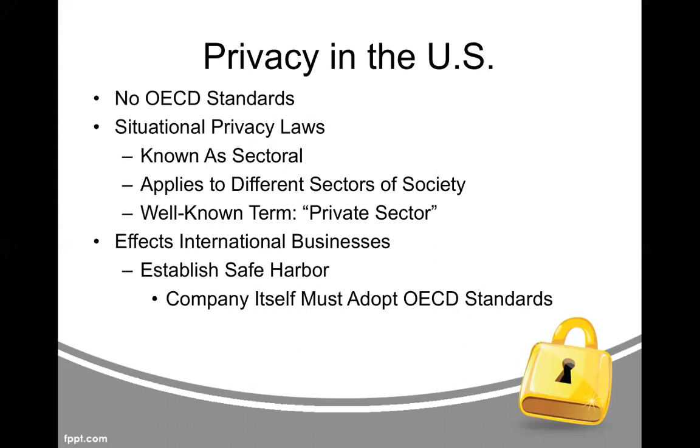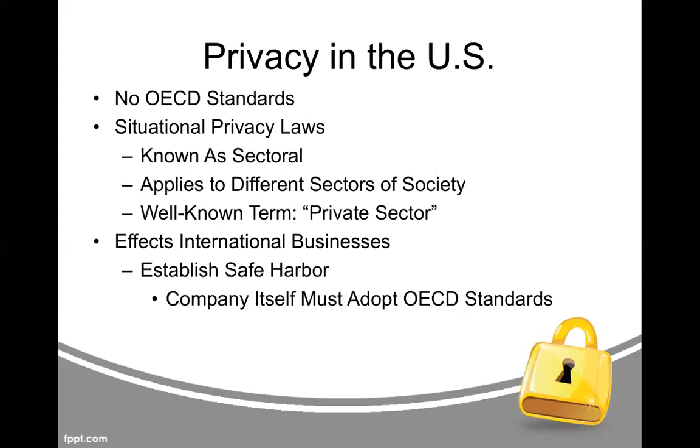It applies to different sectors of society, so different social groups. This doesn't apply to everyone. We have privacy laws based on certain situations, not on the complete full picture. So that's why we do not qualify for OECD standards. That's why we don't have them.